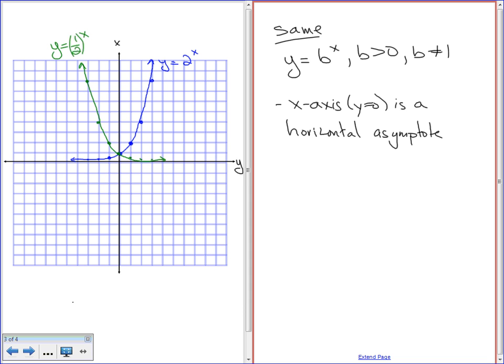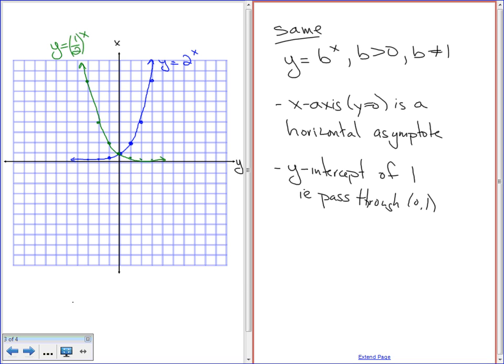Okay? What else do these guys have that are the same? Perfect. Okay, so it has the same y-intercept of 1, i.e. they both pass through the point (0, 1).